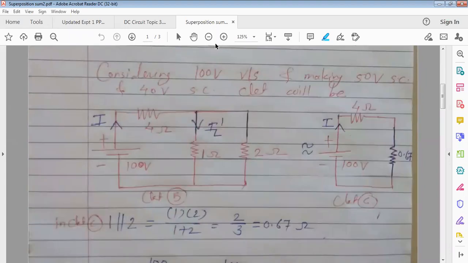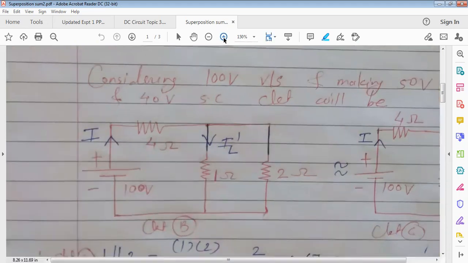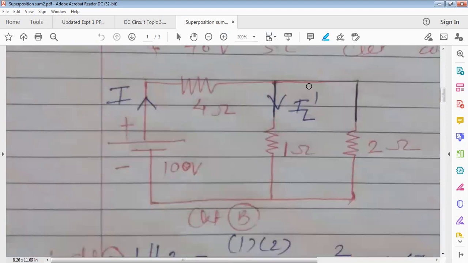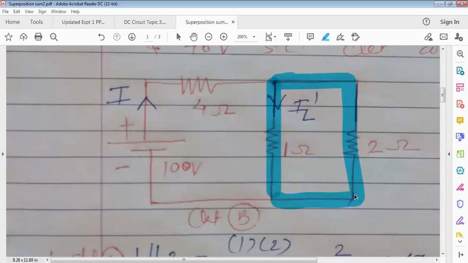Now any method later on you can use to find out the IL dash. See, to find IL dash, how are 1 ohm and 2 ohm connected? In parallel. Right? Their resultant you can find out.